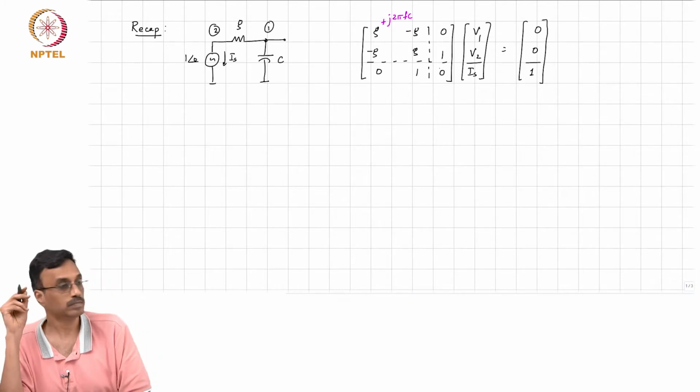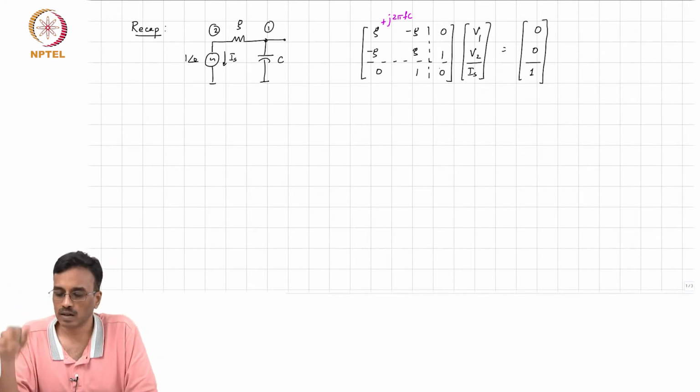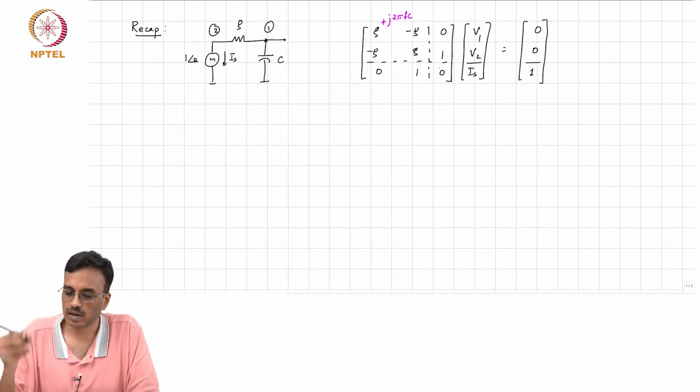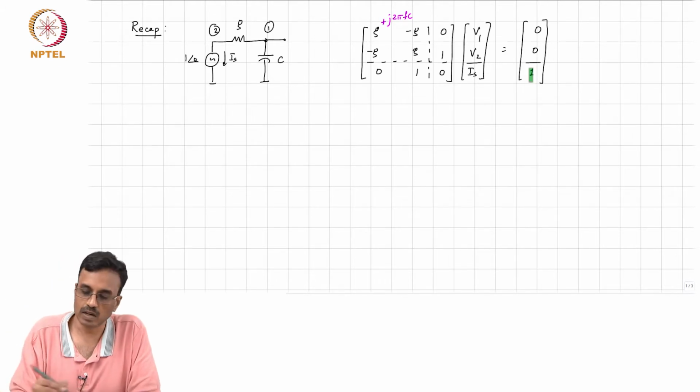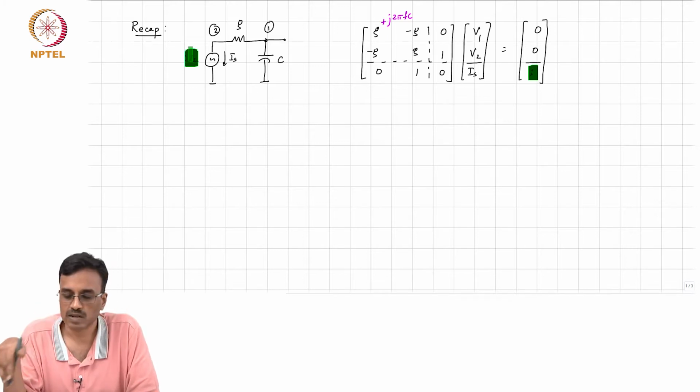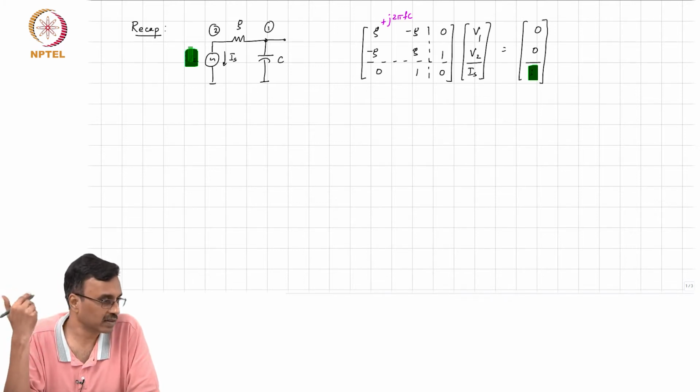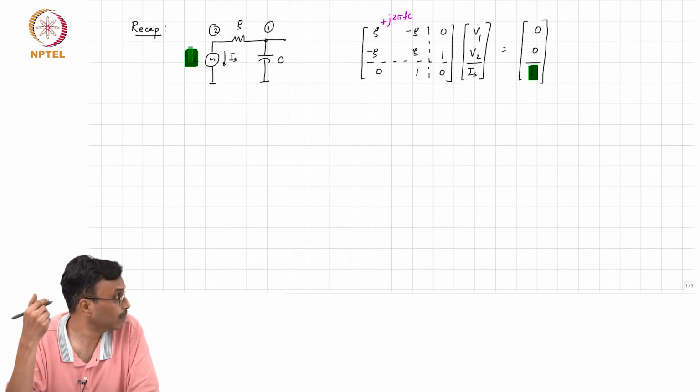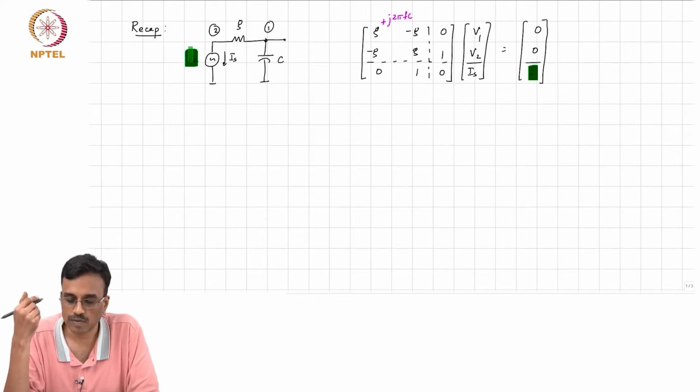And now you must understand that this 1 here stands for the 1 angle 0 that you are applying here, and straightforward solution of this set of equations gives you the phasors for all the node voltages as well as the branch current.